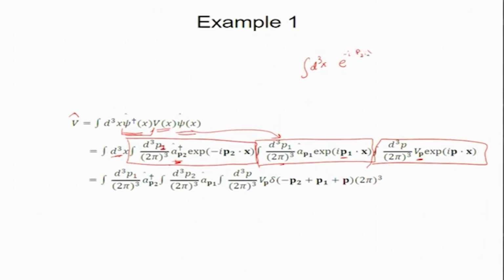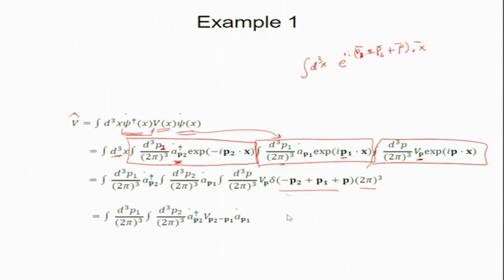Taking x outside, we have plus p1 minus p2 plus p dot x. What is this object? These are vectors, so it is a delta function, 2 pi cubed delta function. Great, so now I can compute this.